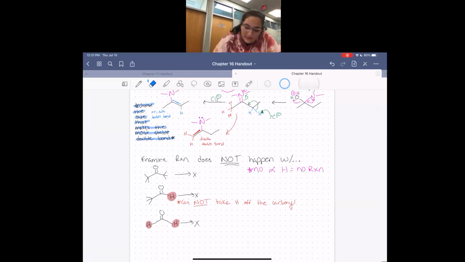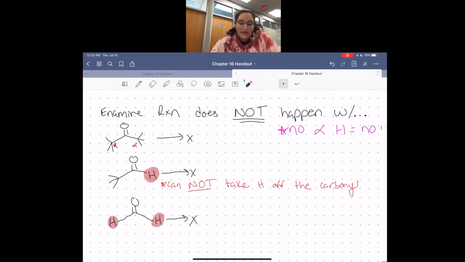And here, alpha, alpha. The last two are no reaction, but the first one can react. So you're talking about between these three? Yes. Okay, so the first one can't react because it has an alpha carbon, but the alpha carbon is fully substituted, so there's no hydrogens here.